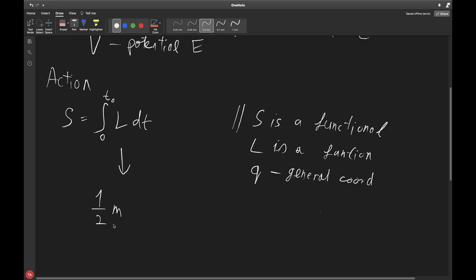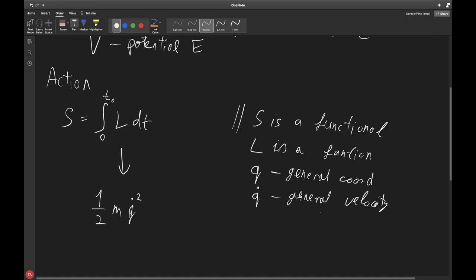So when we calculate the kinetic energy, that's 1/2 m times v squared. So how do we calculate the v? Well, that's essentially the derivative of the q. So q dot is the general velocity. So here I am putting q dot, and as we just mentioned, we need to have v squared.